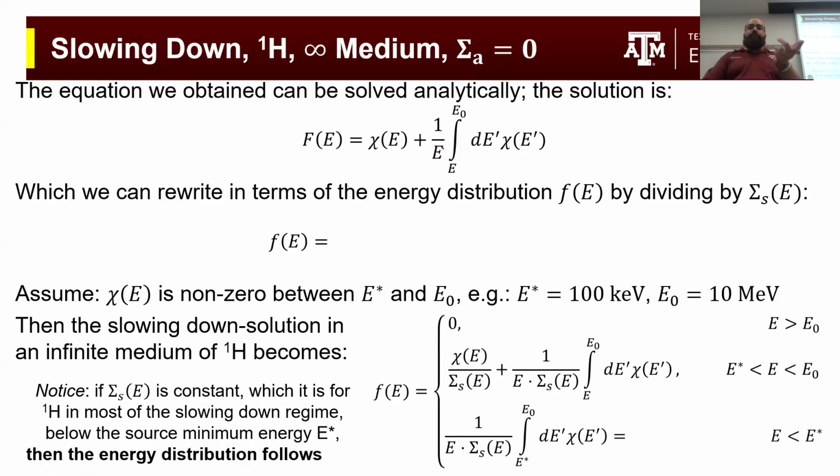So there's an analytical solution to that integral, which looks like this. And then the next thing I'm going to do is rewrite it to recover that original energy distribution little f of e by dividing through by sigma s. If I take big F of e and divide by sigma s, I get little f of e. If I take chi of e and divide by sigma s, then I just get chi of e over sigma s of e.